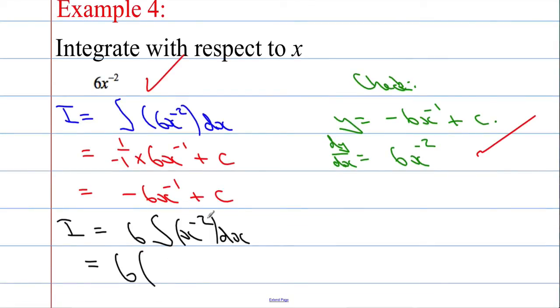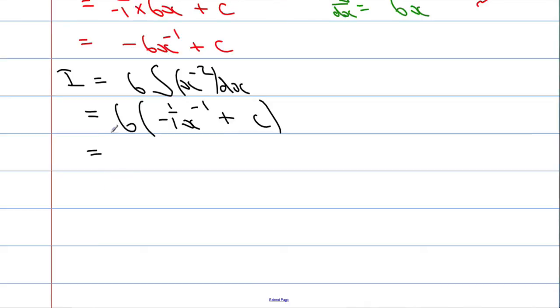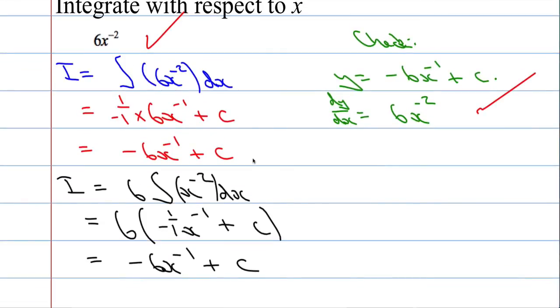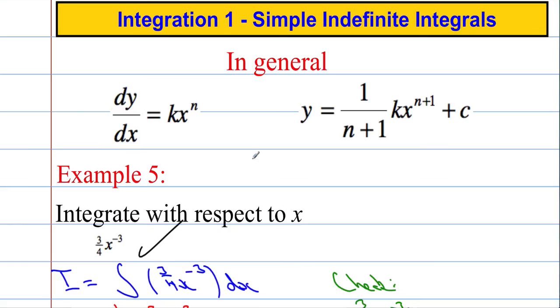Well, I need to increase the power by 1, which gives me negative 1, and multiply by 1 over negative 1, which is negative 1, plus the constant c. And then if we expand this in, 6 times 1 over negative 1 is negative 6 x to the negative 1, and 6 times c is going to give me 6c. 6 times a constant is still just a constant. So we still end up with the same thing. So you might want to bear that in mind when you're doing some of these questions.